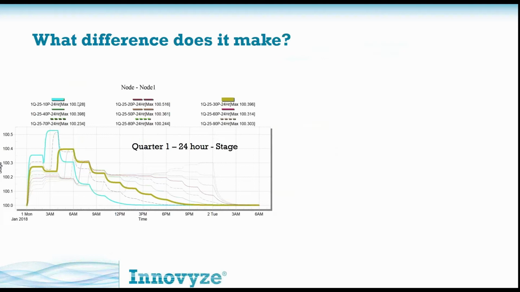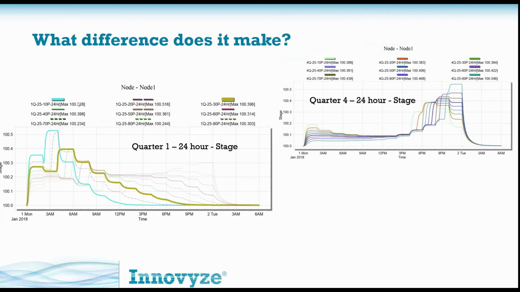And in this case, this first quartile 24-hour storm, we have a whole bunch based on the first quartile and the percent occurrence. They all have different depths. Well, we look at stage, we can look at it and see, hey, the difference between quartile 1 and quartile 4, a lot of it has to do with when does the rain arrive.